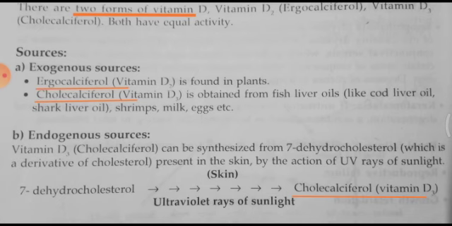See, sunlight containing UV radiations, when it is incident on 7-dehydrocholesterol, you can see on the left side, in the skin containing this compound, when it is exposed to UV rays of sunlight, it is converted to cholecalciferol, which is called vitamin D3. Since sunlight is involved, it is called the sunshine vitamin.